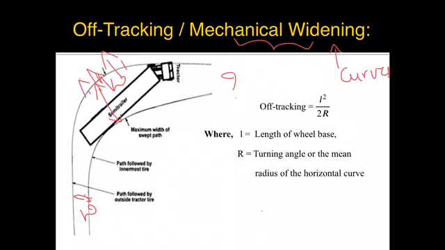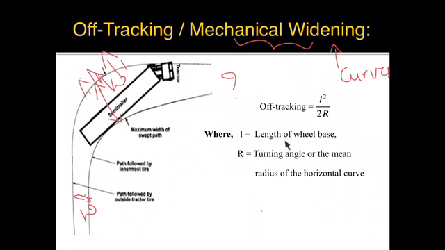That increased width we call the mechanical widening. So what is this phenomenon where the rear end outer wheel follows the inner side of the curve compared to the front wheels of your vehicle? You call it off tracking. The increased width at the curve portion is termed the mechanical widening.